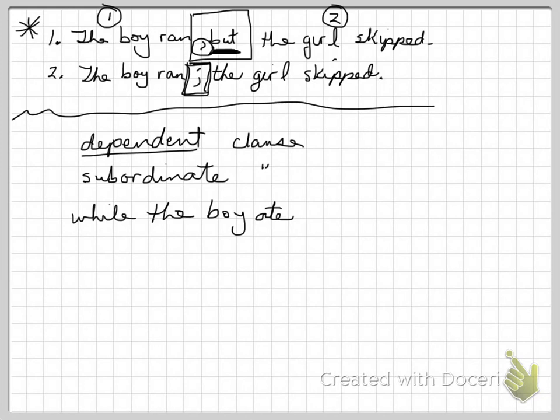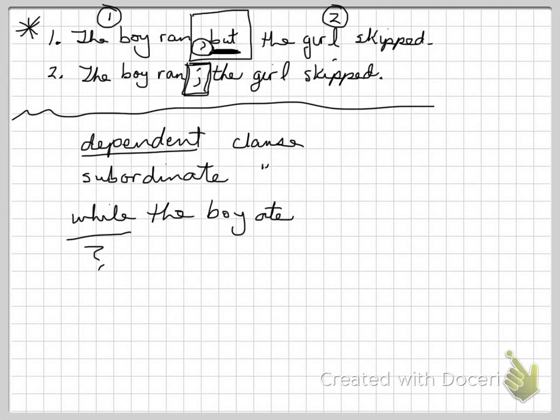and don't forget, it has nothing to do with the length of the sentence. I could say, while the small sleepy boy ate the cold pizza, and I still do not have an independent clause, because you leave me wondering, while what? While what did he eat it?